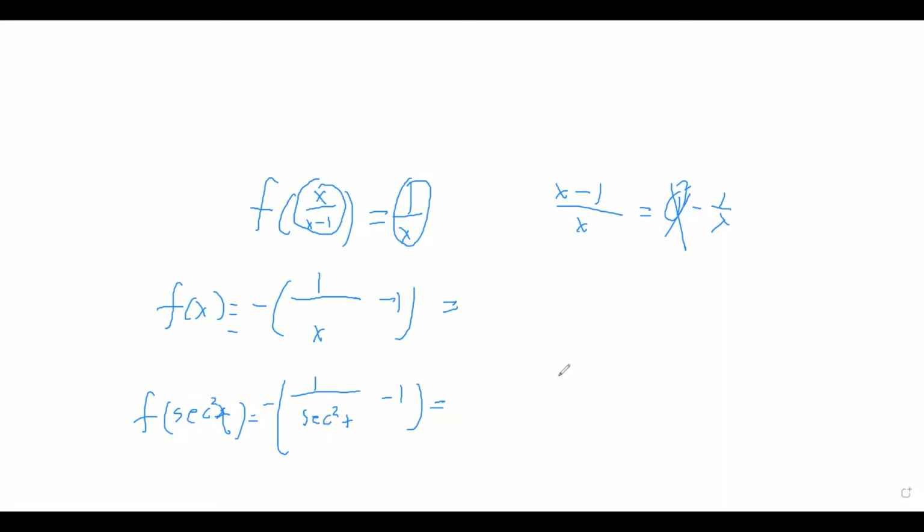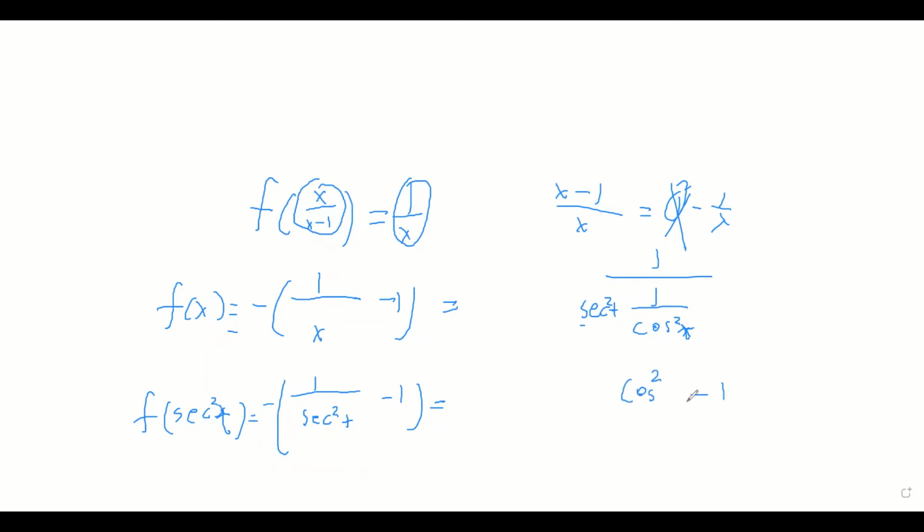Secant square is 1 over cosine square. Wait, no, that's 1 over secant square, because you have secant square in the denominator. So 1 over secant square t is just cosine square.